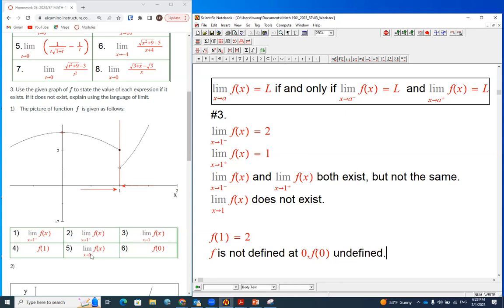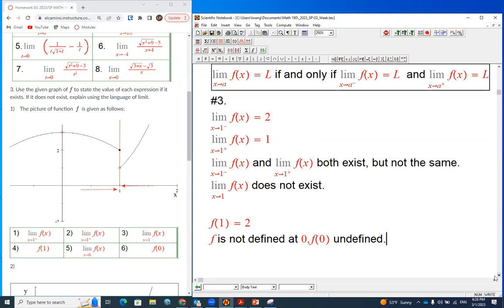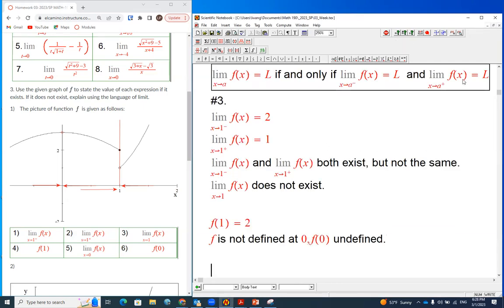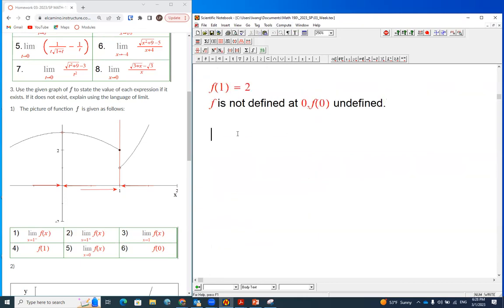How about the limit at 0? When we look at 0 and we look at the limit from the left, when x approaches 0, the limit is about 3. When we approach 0 from the right, the limit is also 3, right? So when we look at the function from both sides, I'm going to copy this form because I want you to see where it came from.